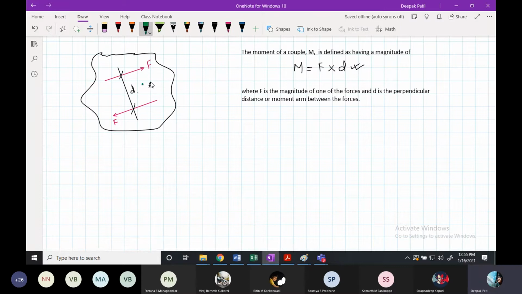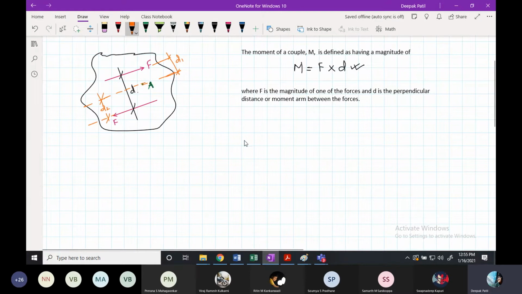So this is point A. Now let me mark the distance between point A and these two forces F. Let the perpendicular distance between point A and this force be, say, D1, and let the distance between this point A and this force F be, say, D2.